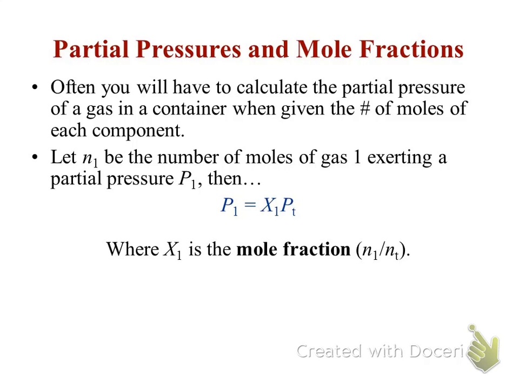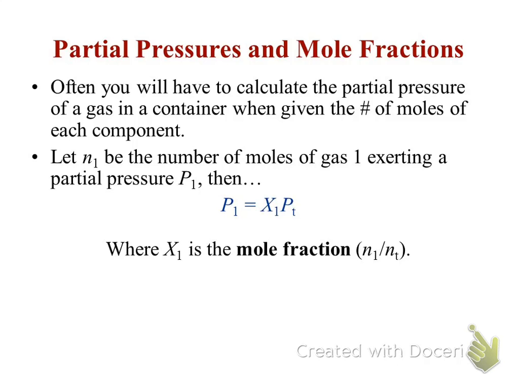What we call this is our mole fraction, which is usually given by chi, which looks like an X. If we have the total pressure and the mole fraction, we can always multiply them together to find out the individual pressure for each of our gases.